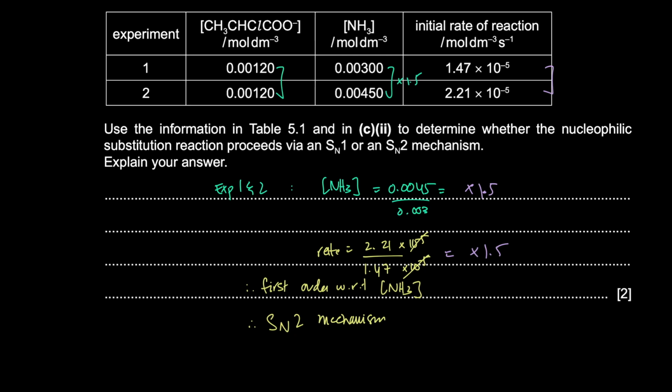If the rate only depended on this reactant and not the nucleophile, if the overall order was 1, then you would have the SN1 mechanism. If the rate equation has both, it's first order with respect to this and first order with respect to this, so therefore it's the SN2 mechanism. They're both involved in the rate determining step.